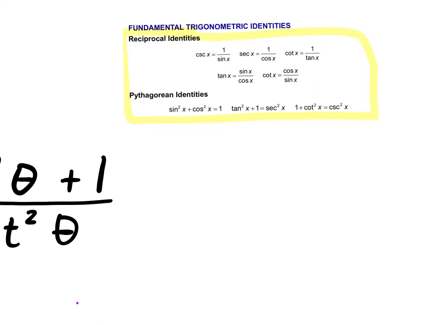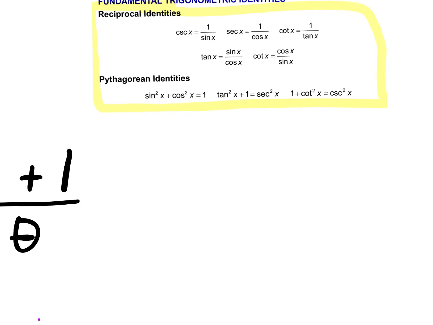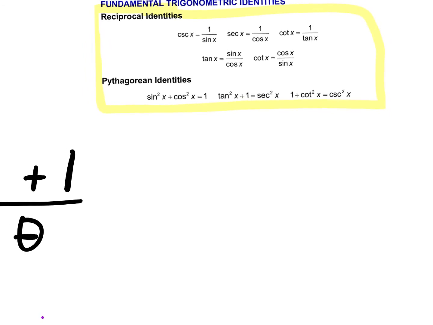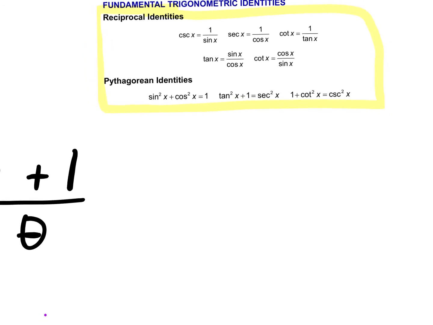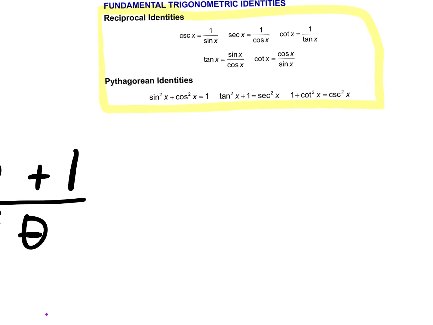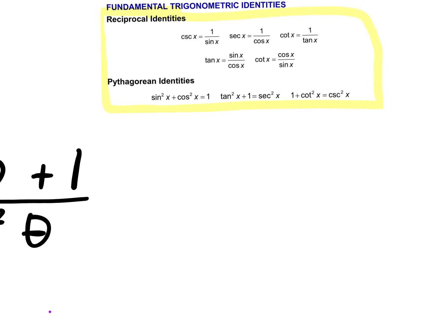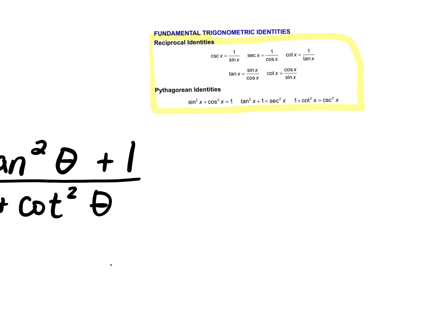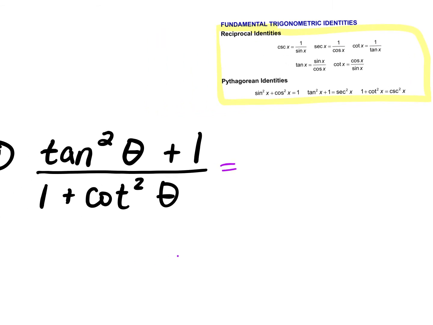Is there a trig identity that says tangent squared theta plus 1? Look at the Pythagorean identities, guys. Secant squared, right? So I'm going to replace this tangent squared theta plus 1 with just secant squared theta.